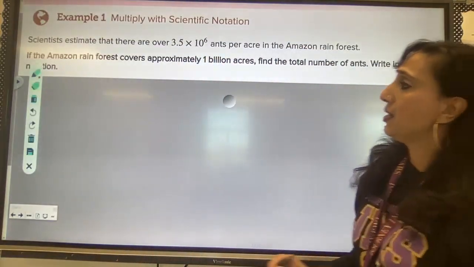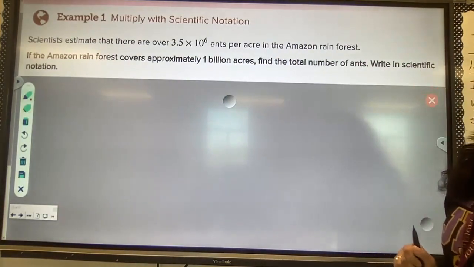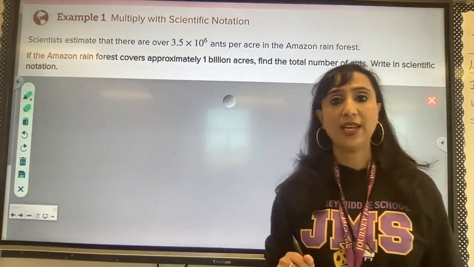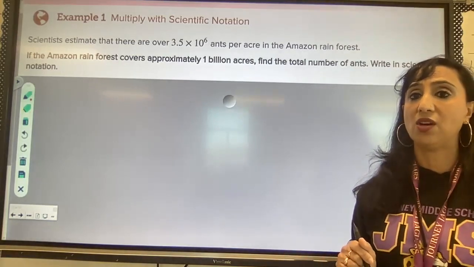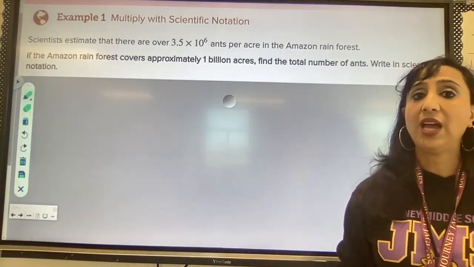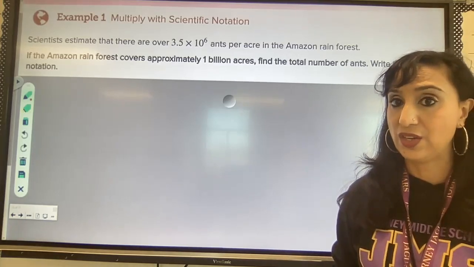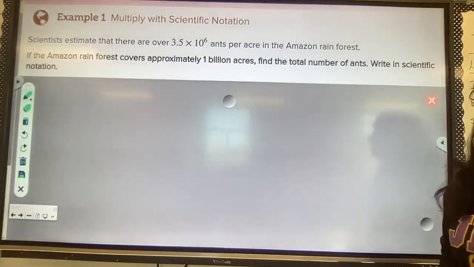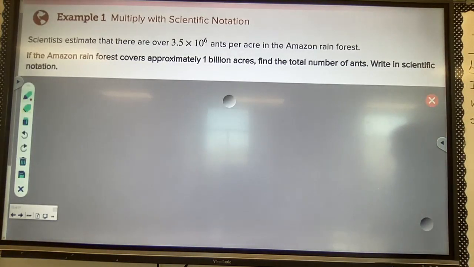Scientists estimate that there are over 3.5 times 10 to the 6th power ants per acre in the Amazon rainforest. If the Amazon rainforest covers approximately 1 billion acres, find the total number of ants. Write in scientific notation.